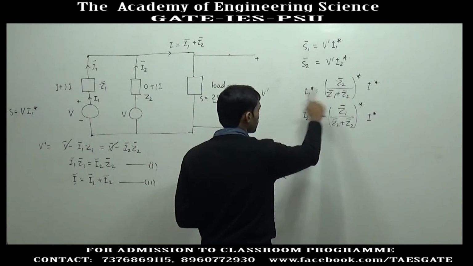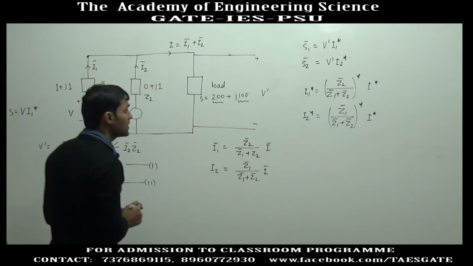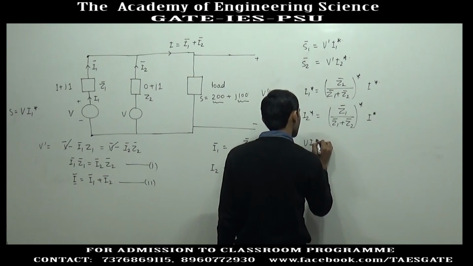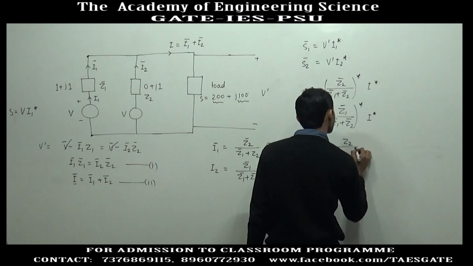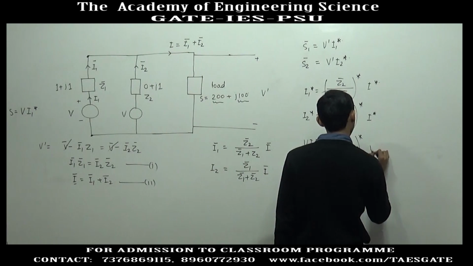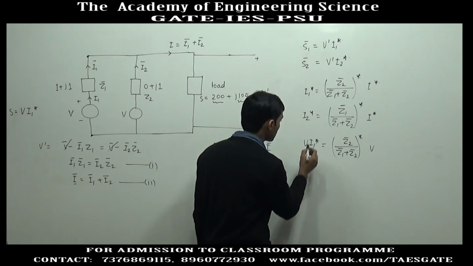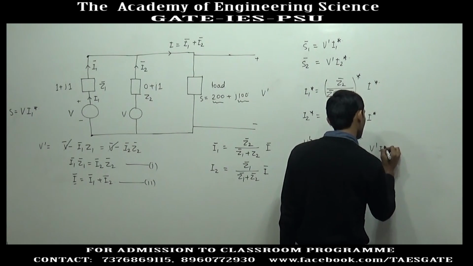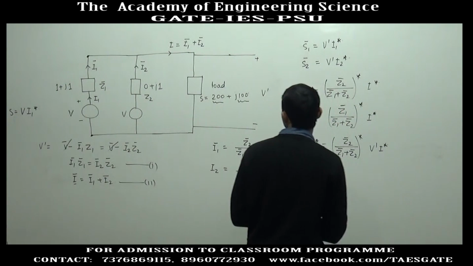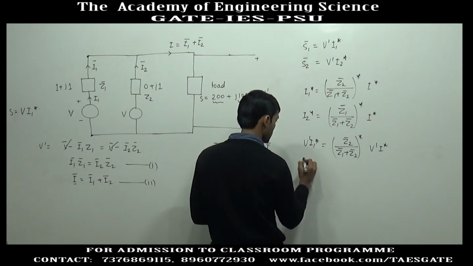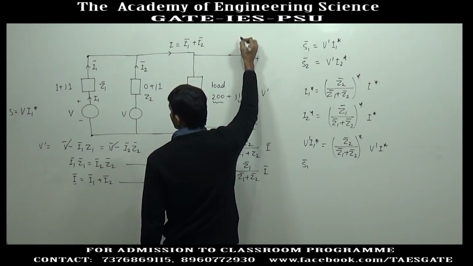Multiplying both sides by V dash, not V, we get V dash into I1 star equal to Z2 divided by Z1 plus Z2 star into V dash into I star. This is S1, the apparent power.